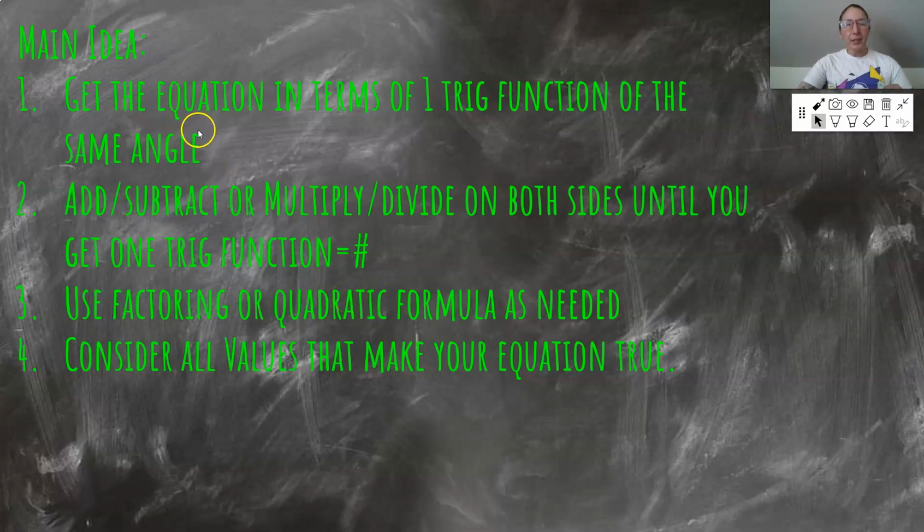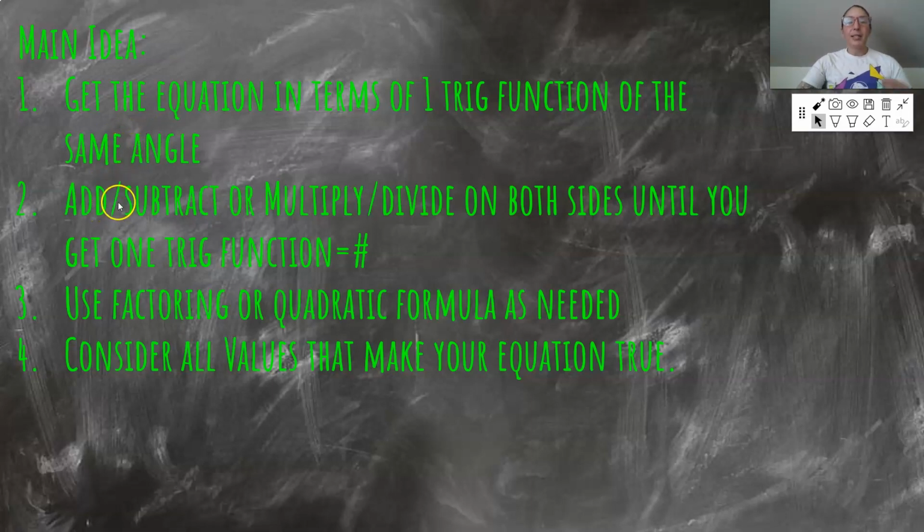So in linear equations, when we solved for x, what did we do? We got all the x's on one side, right? And we got all the numbers on the other side. The equivalent statement to that is we need to rearrange the equation first, so it's in terms of only one trig function. So we don't want sines and cosines. We only want sines, or we only want tangents, or whatever, of the same angle.